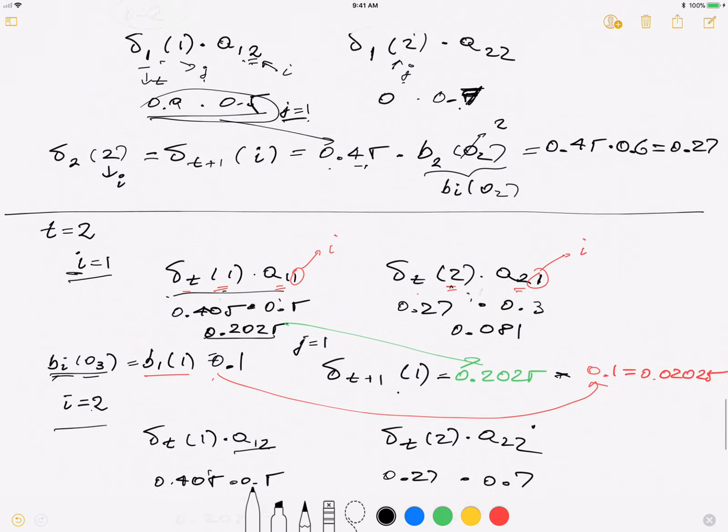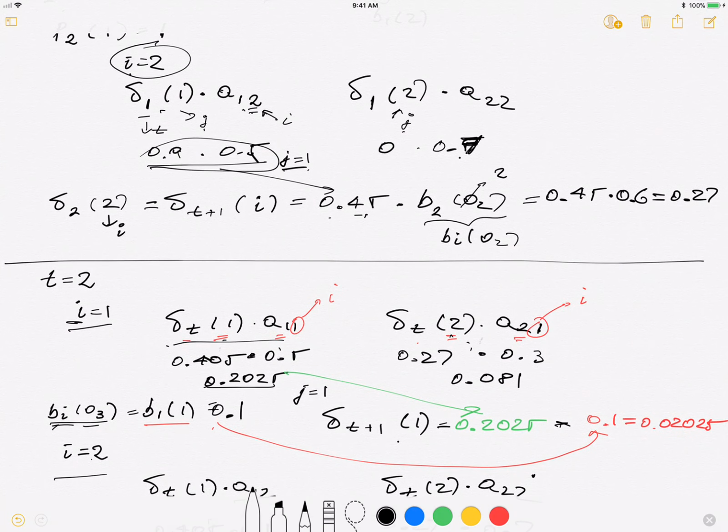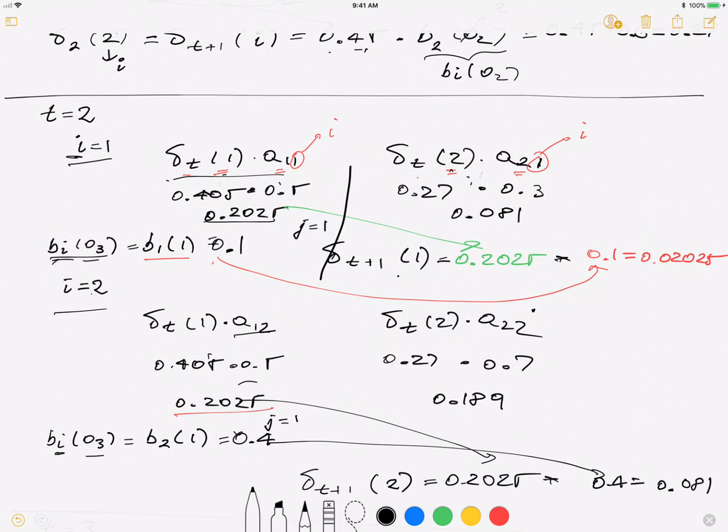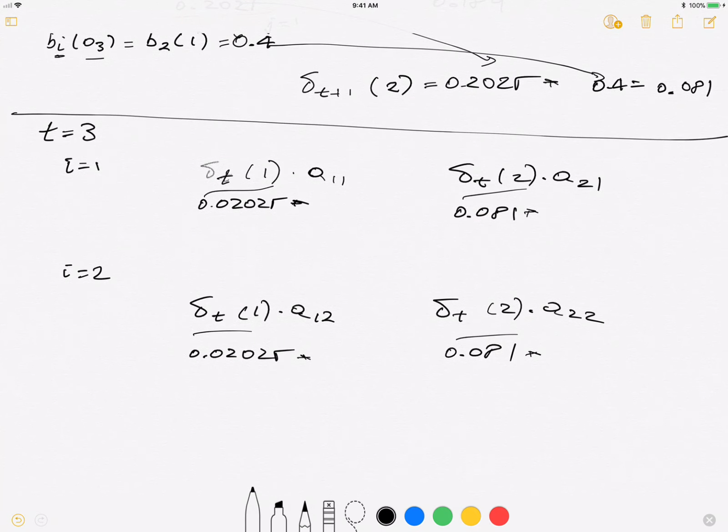We already had these a's: 0.5, 0.3, 0.5, 0.7. I need to calculate these and to find maxima.